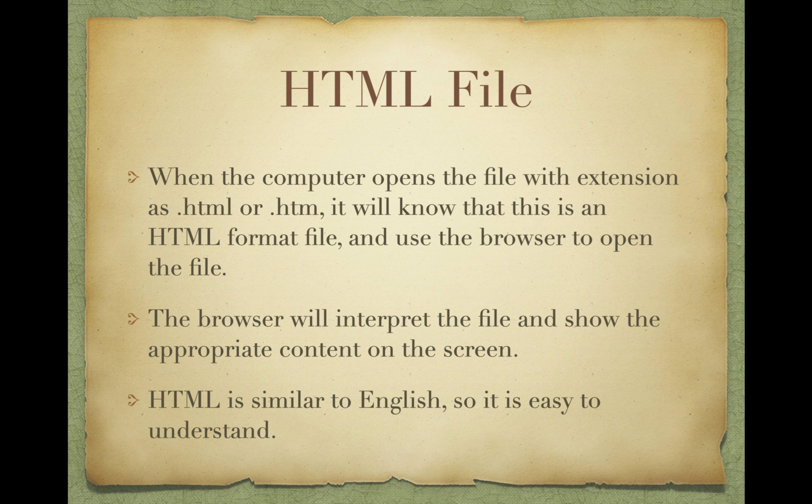So you will see four tags: paragraph, image, video, and paragraph again. It will display on the screen sequentially. So the browser will interpret the file from the top to the end, and basically it will display from top to end.